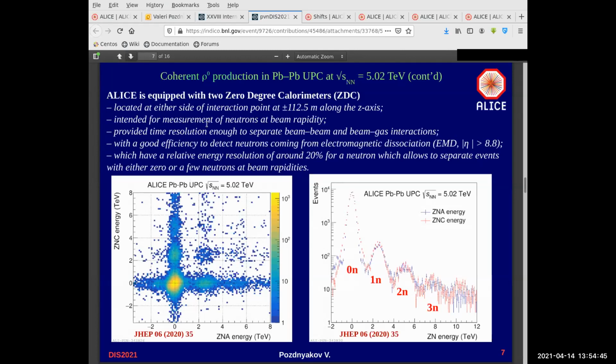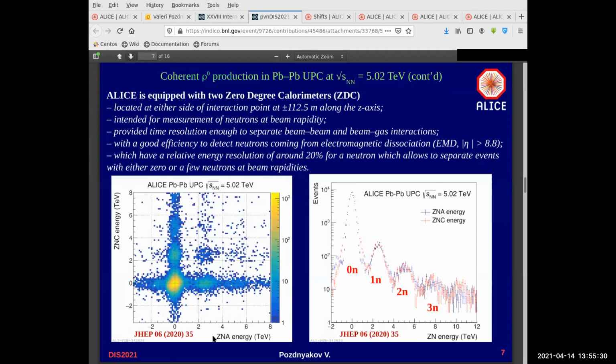So now I move to the feature which I already described, namely we get the possibility to see in the event some neutrons coming from electromagnetically excited ions. And for this, ALICE is equipped with 2 calorimeters, which are located more than 100 meters from the center of the collision, with quite nice time resolution and energy resolution.